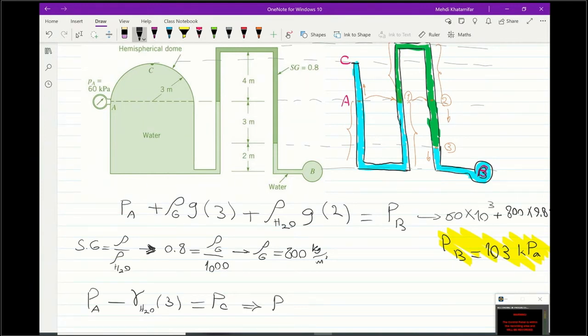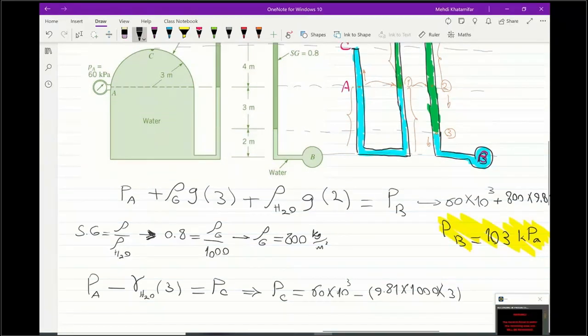So the pressure at point C is going to be 60 times 1000 minus 9.81 times 1000 times 3.